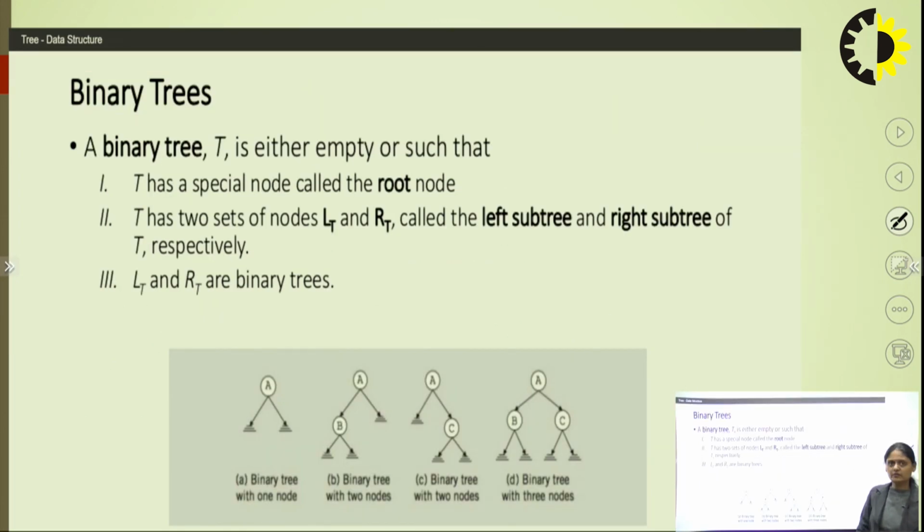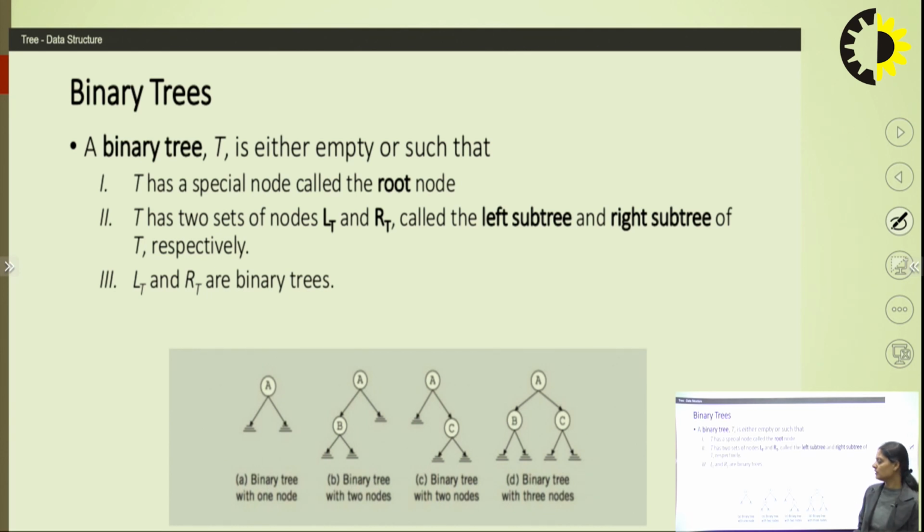Now, a binary tree T is either empty or such that T has a special node called a root node. So, this is the formal definition of the binary tree. The tree T has a special node called the root node. T has 2 sets of nodes, which we consider as LT, that is the left subtree, and RT, the right subtree of T respectively, and LT and RT are again binary trees.